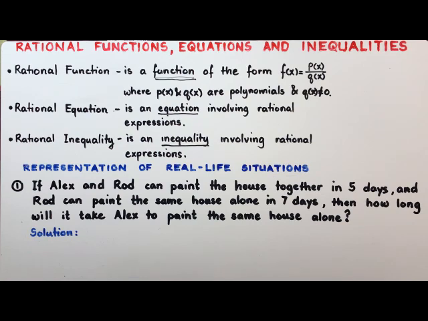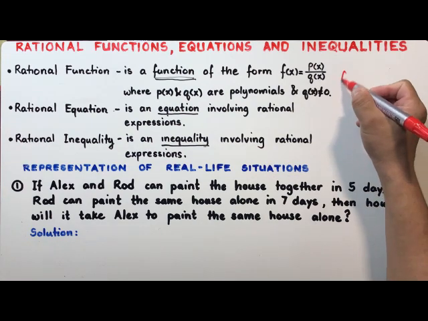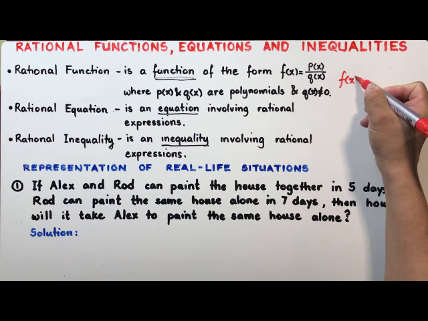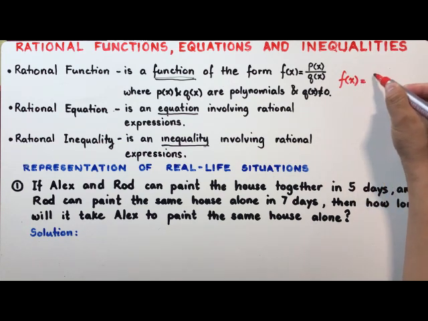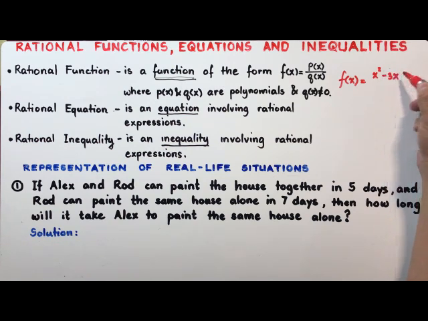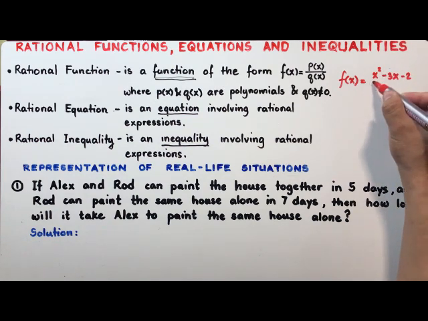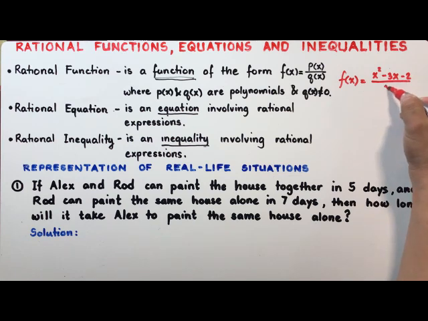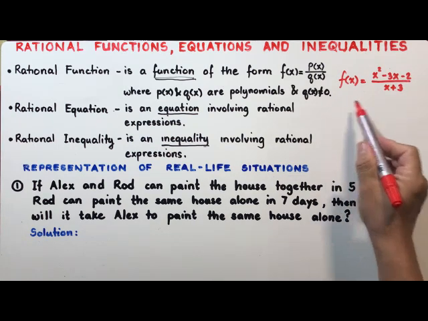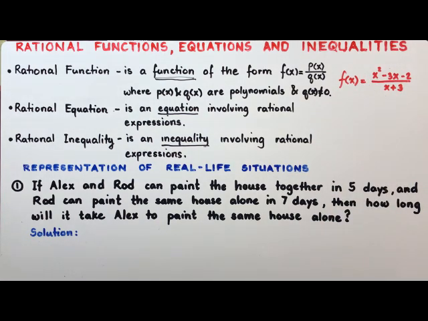Now, an example of a rational function is when you have f of x equal to x squared minus 3x minus 2, all over x plus 3. So this is an example of a rational function.